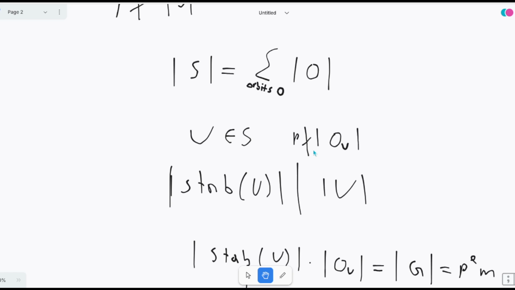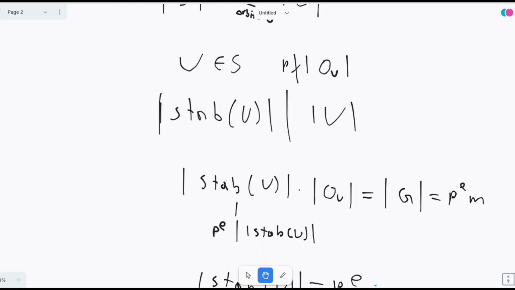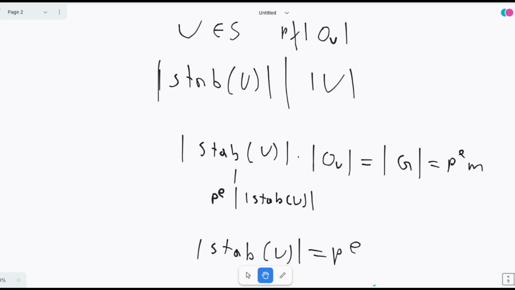So we're limited in our choice by that. U can be any one of the sets that has an orbit whose size is not a multiple of P. Okay. If no other questions, then we'll move on to the second one.